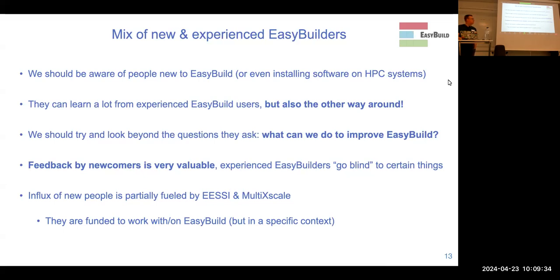We don't have an official code of conduct for EasyBuild. I don't really feel we need one. It would be good to have one for sure. But up until now, in those 12 years of open source EasyBuild, I'm not aware of any serious problems in the community. Hopefully that never happens, but yeah. So that's also to me a very good sign of a very healthy community.